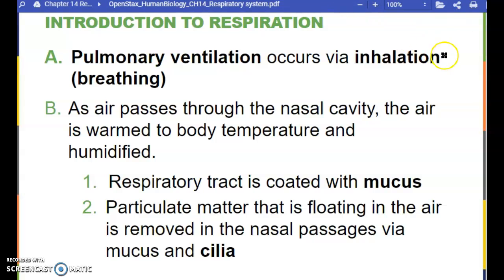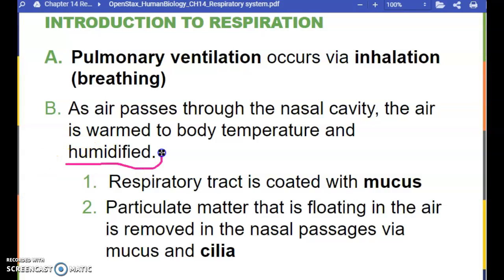So, pulmonary ventilation, which is breathing, occurs by inhalation, or inhaling gases from the air. It's important that as the air passes through the nasal cavity it's both warmed up to body temperature and humidified.